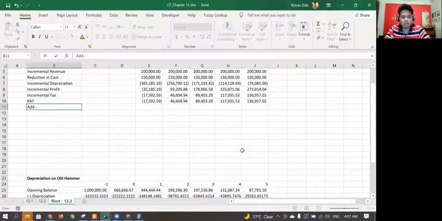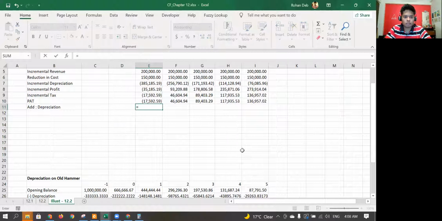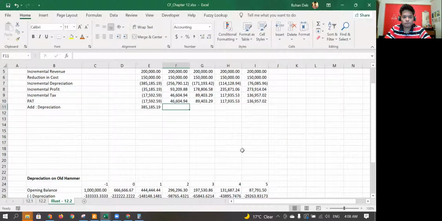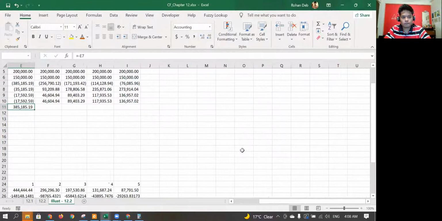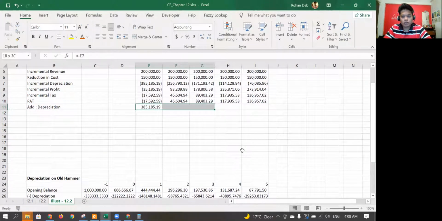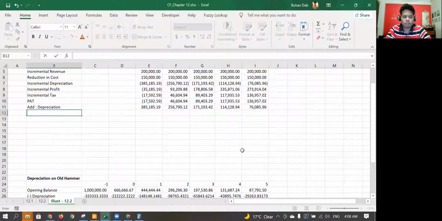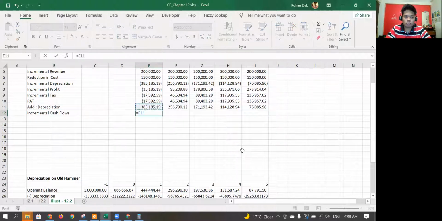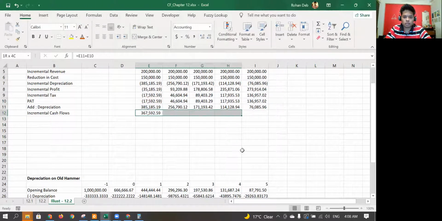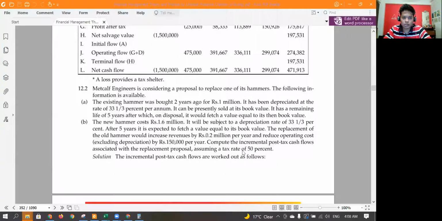Add depreciation back, and now you'll get the incremental cash flows. This plus this. Okay. There's no change in the working capital because of the new hammer. And yeah, so that's it.